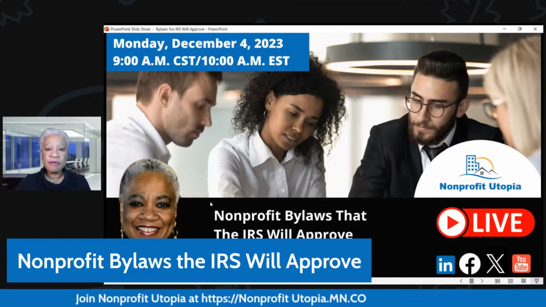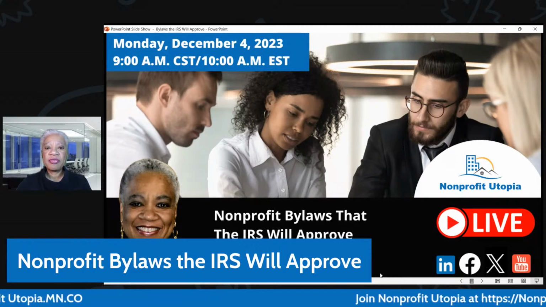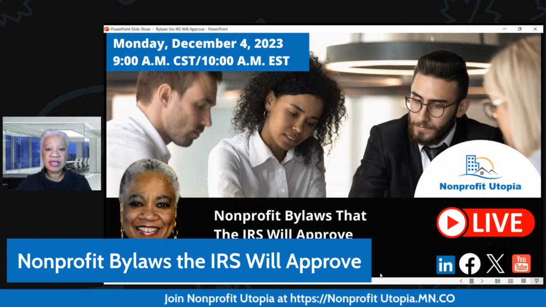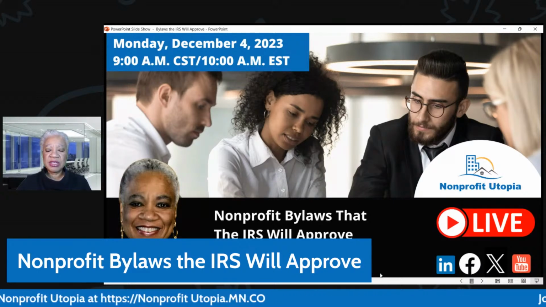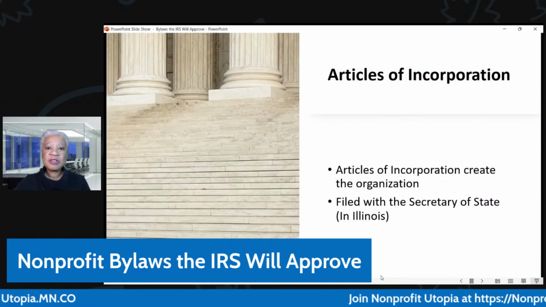If you are a member of the Nonprofit Utopia community, we will come back on Thursday in our nonprofit community private section and we will go over a set of bylaws in specific detail so that you can tailor them for yourself. All right, the first thing we want to talk about is the Articles of Incorporation.